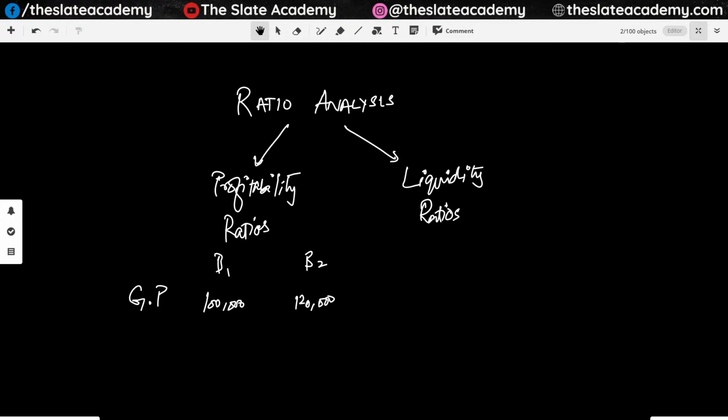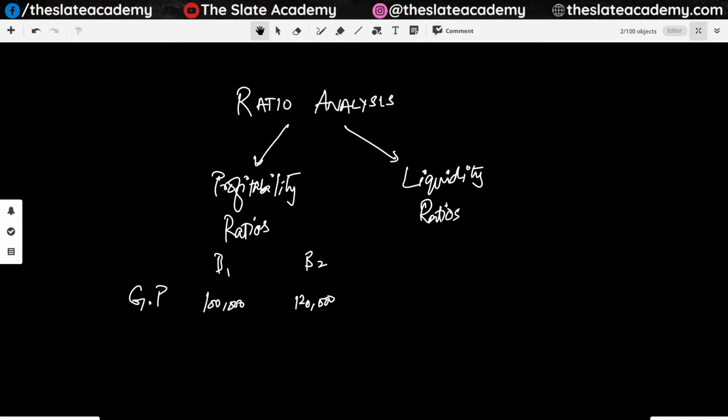And for the other one, 60%. So what we learn from here is that simply having a bigger gross profit figure is not the absolute answer of which business is more profitable.